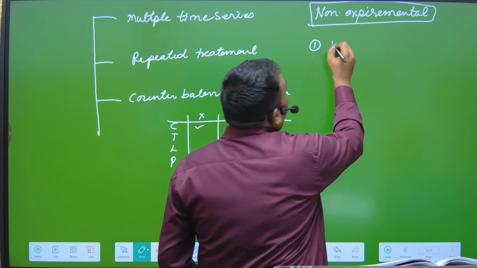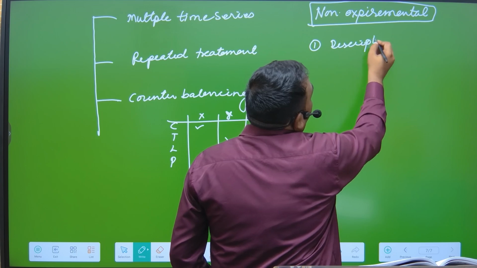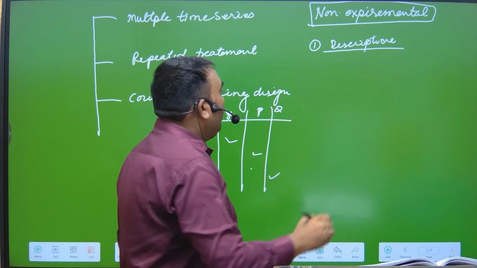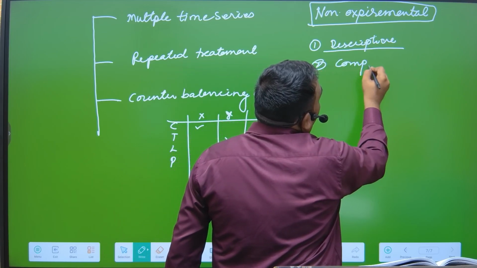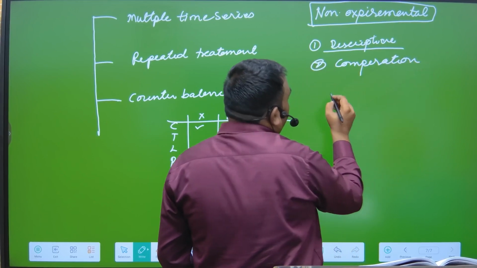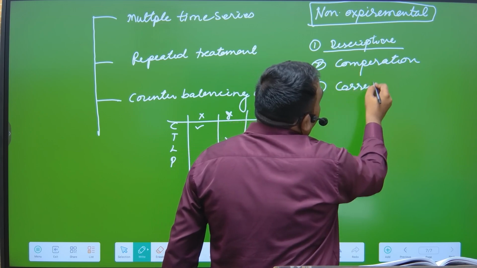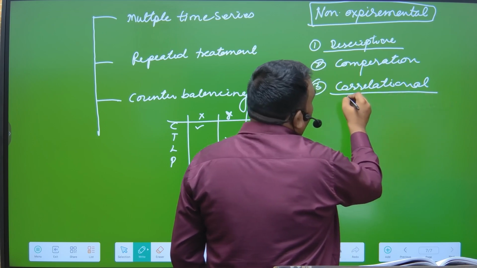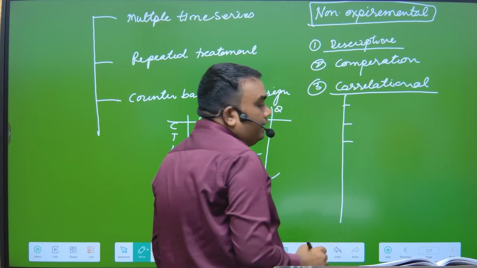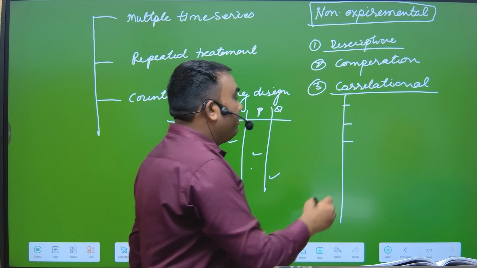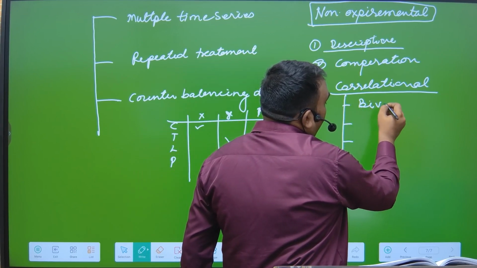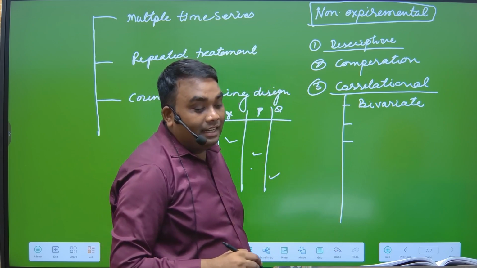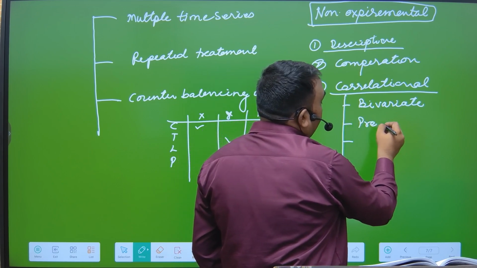So in this, first one is descriptive research. So descriptive design is the first design of the non-experimental design, and second is comparative design. Third is correlational design. Correlational design is basically a non-experimental design. So you can point out one by one all. Like the first correlational design is bivariate design, and second is predictions.